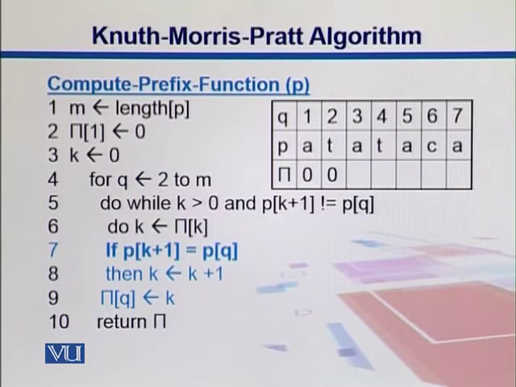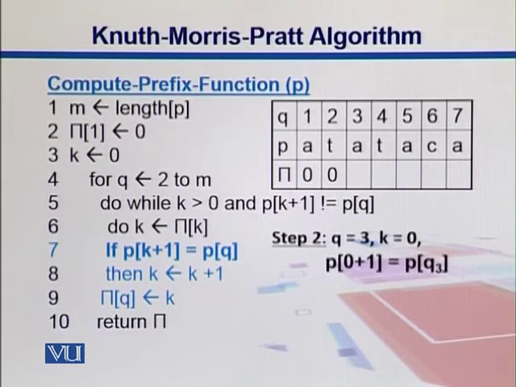Then we move to the second step. Since k is equal to 0, we won't go there, and go to steps 5 and 6. Now we look at P of k plus 1. In the previous step k was 0, so we put 0 plus 1, which is P of 1, and q in this step is incremented in the for loop. So now we have q equal to 3.